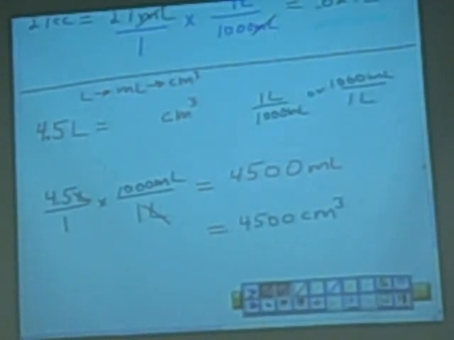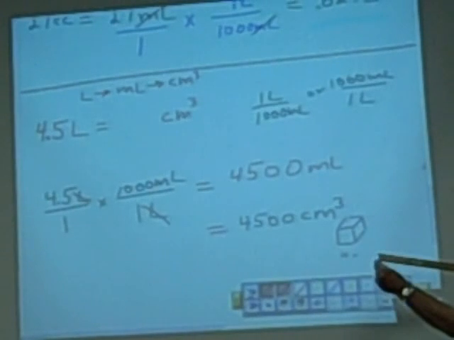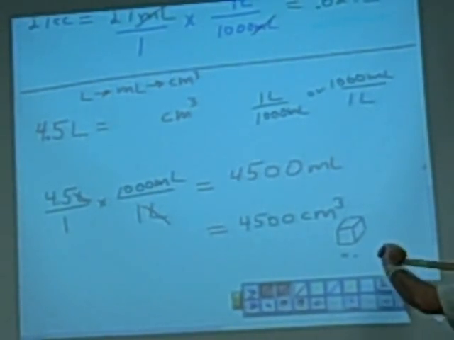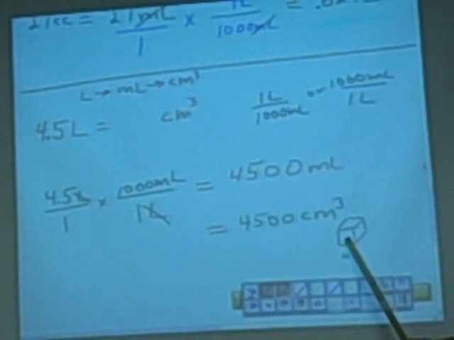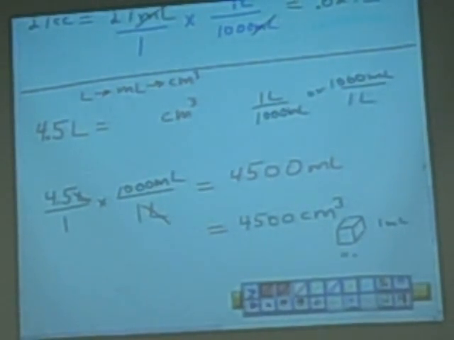So if we were looking at it, let's say that was 1 centimeter, so width, height, if you took a centimeter and did length, width, height, this is 1 cubic centimeter, so that would be equivalent to 1 milliliter. Okay.